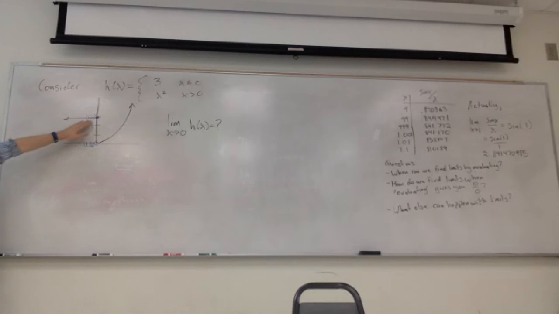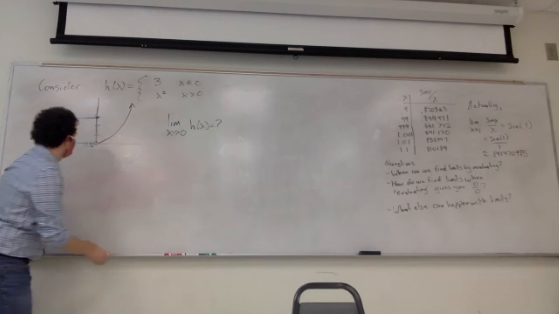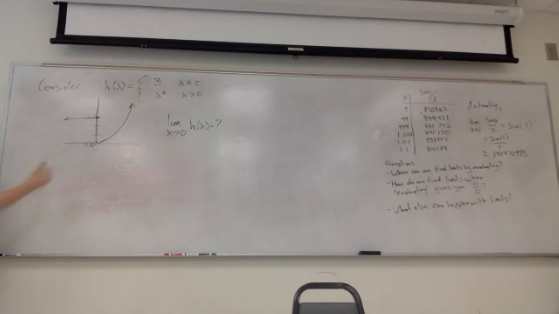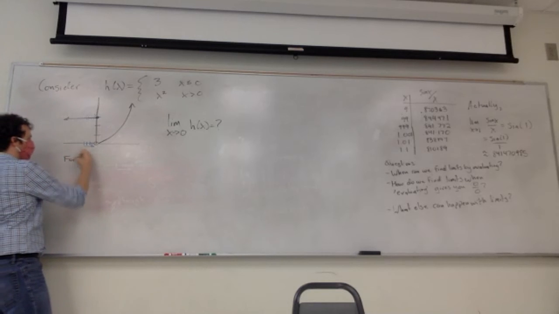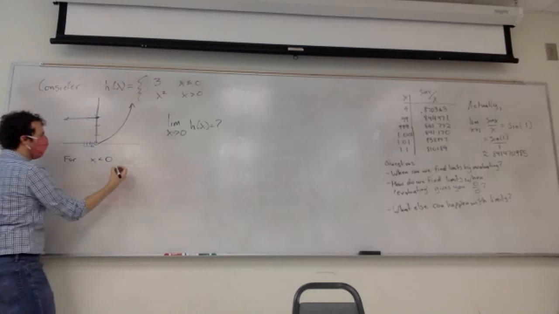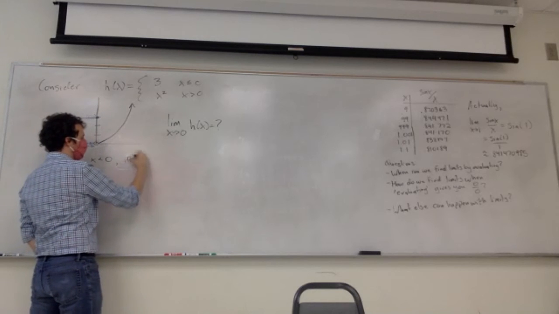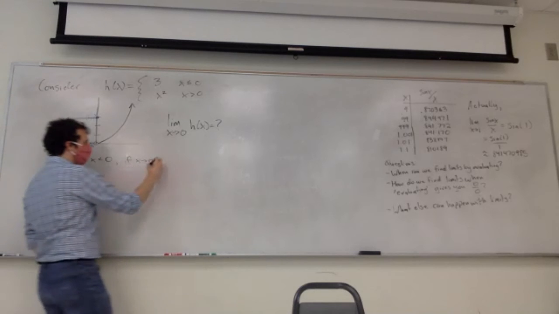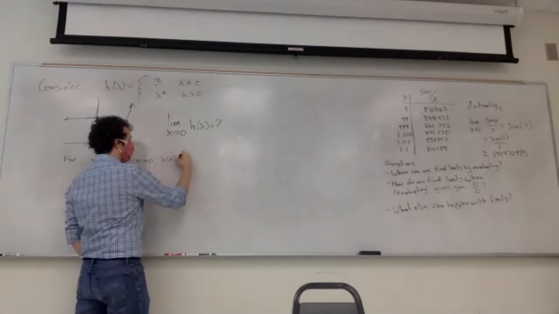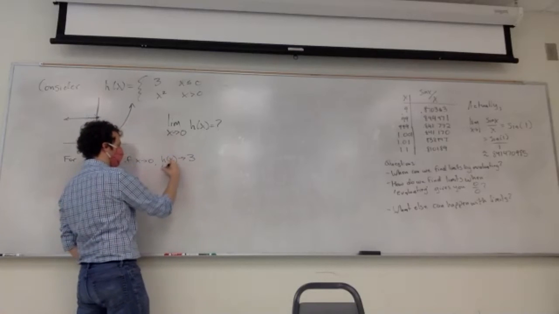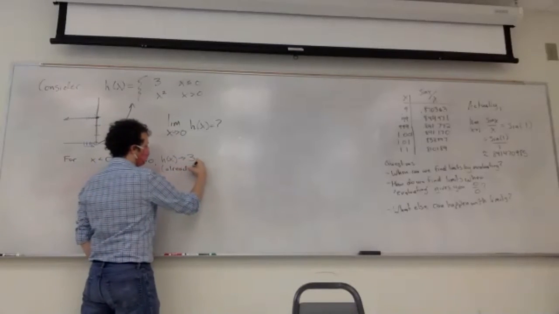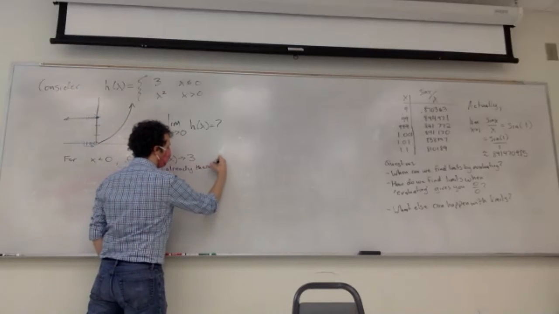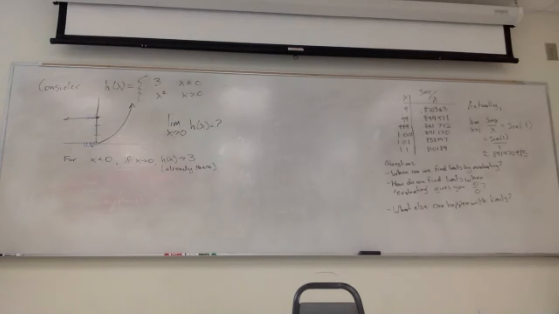So to write this down, for x below 0, if x gets closer and closer to 0, h of x gets closer to 3. And really, it's already there. It's the kind of silly case where it doesn't have to get closer and closer, it just has to not leave.